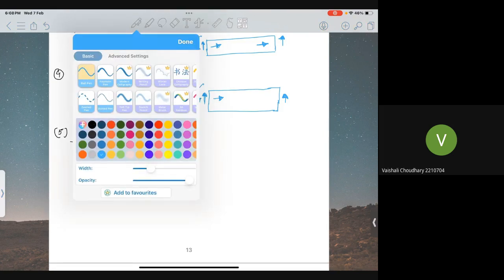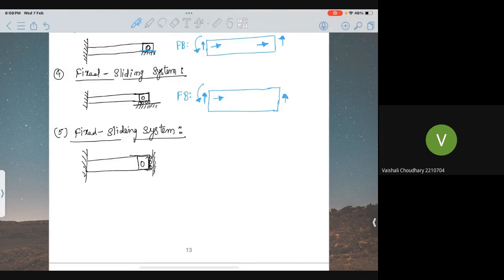So if we draw the free body diagram, for the fixed end, same forces: horizontal, vertical, and rotational.